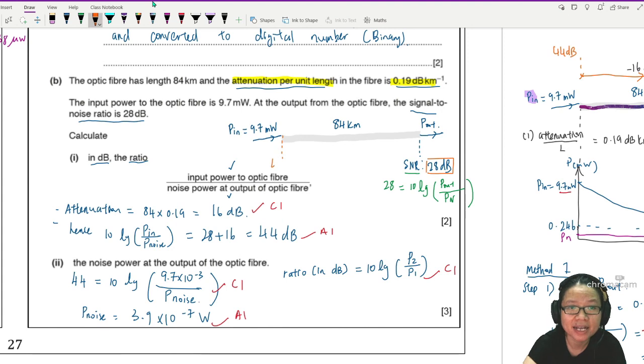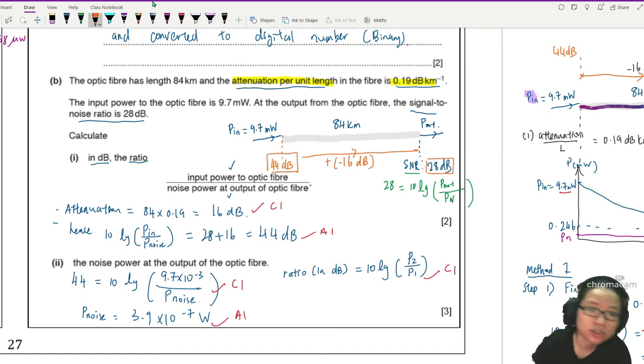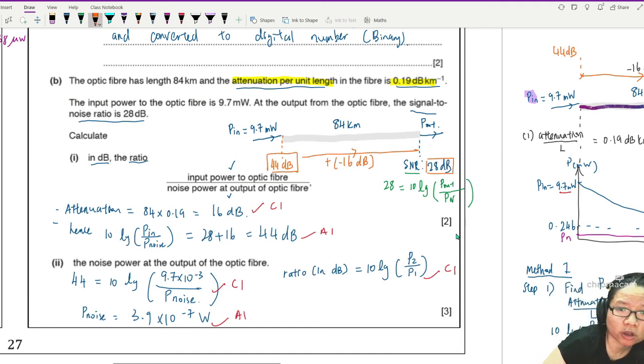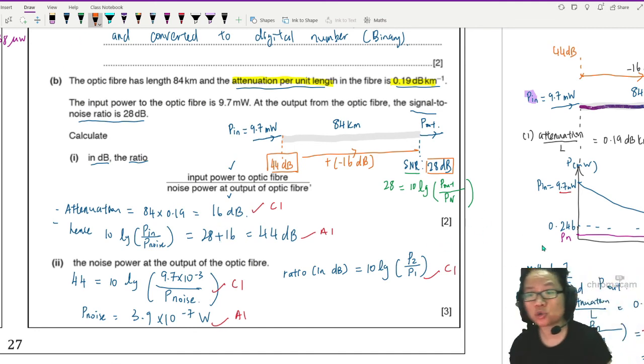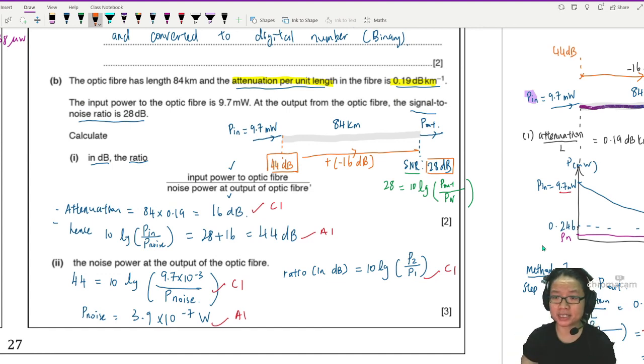Because of the identity of log, where log of A times B is log A plus log B, that's why I can plus -16 decibel to reach 28 decibel. This is also why they only allocated 2 marks, because they don't expect you to go through the first method that I did, where I painstakingly find the power value for each single thing.